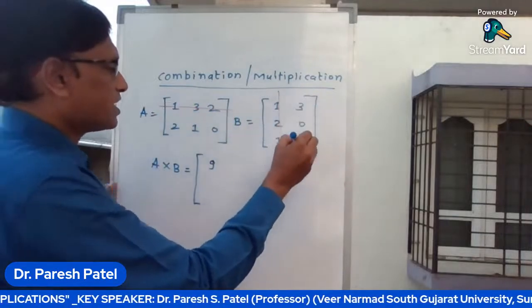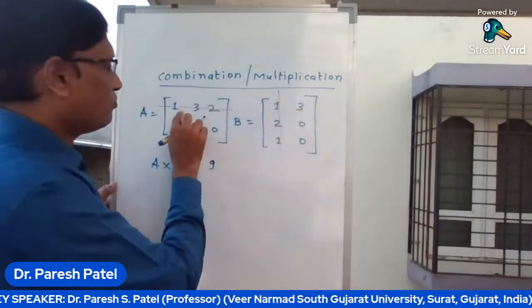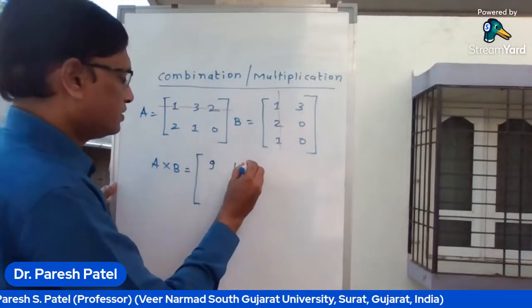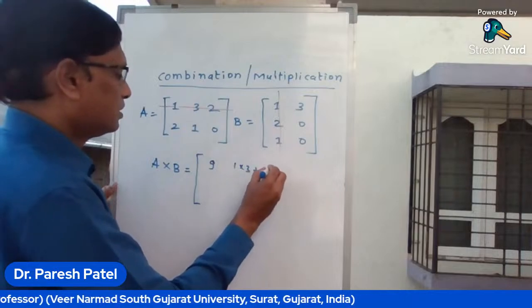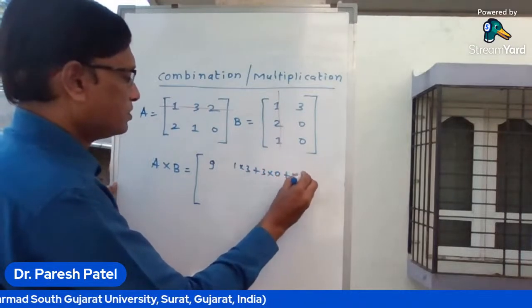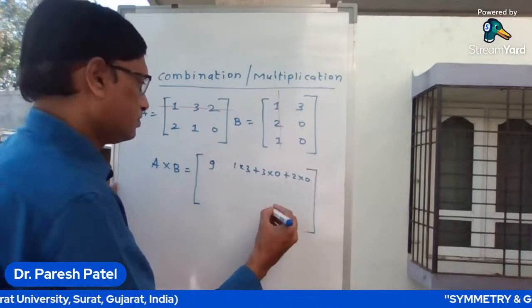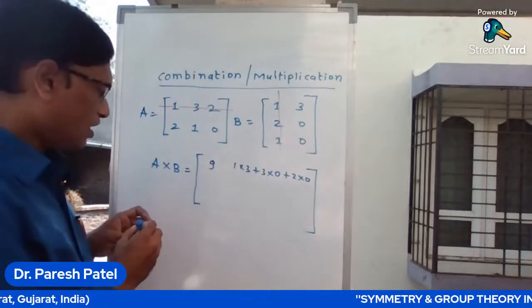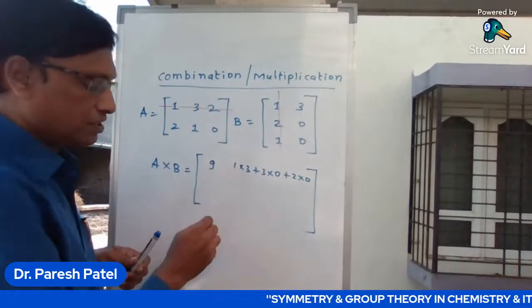Then first row, second column: 1 times 1, 3 times 0, plus 2 times 0. So the overall result is 3.